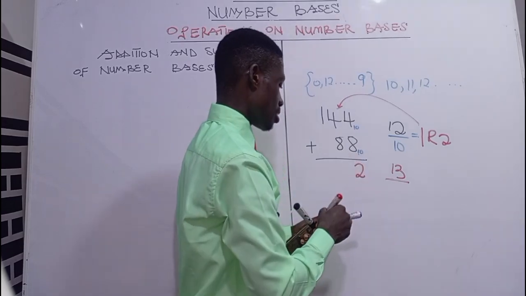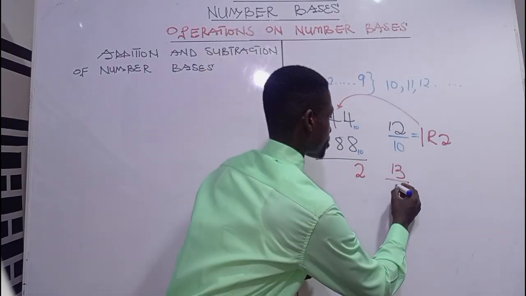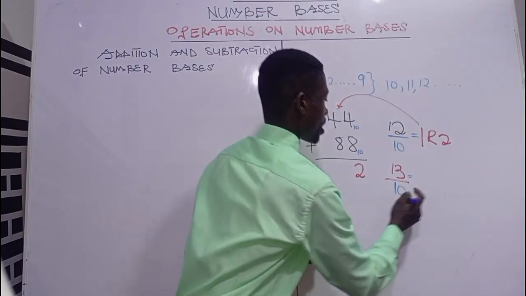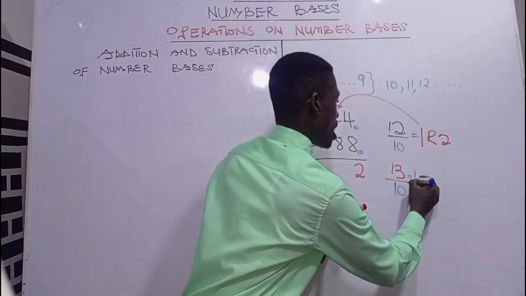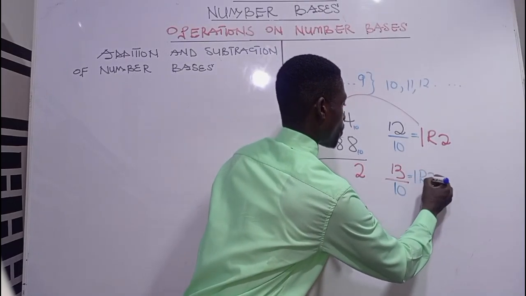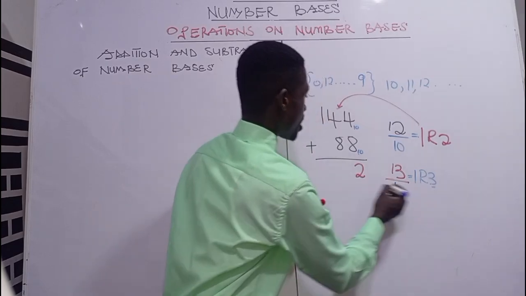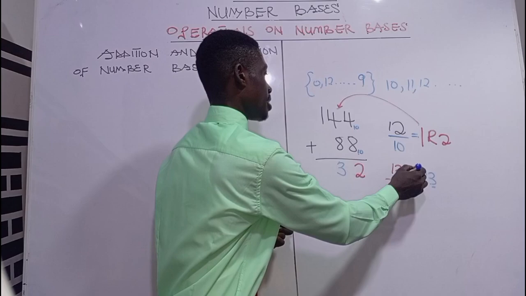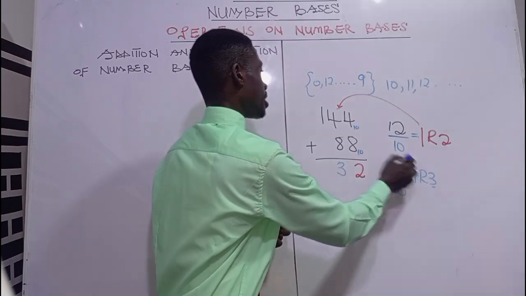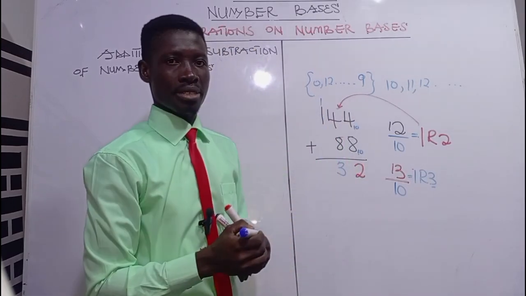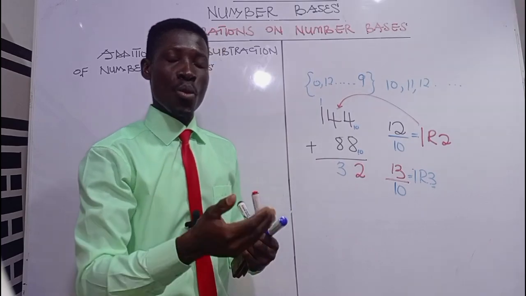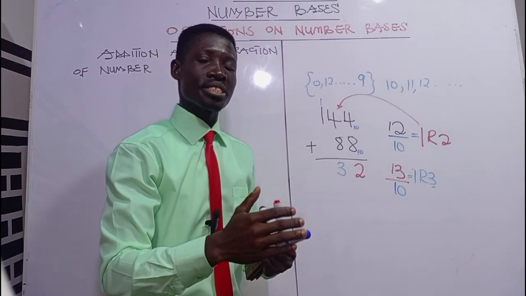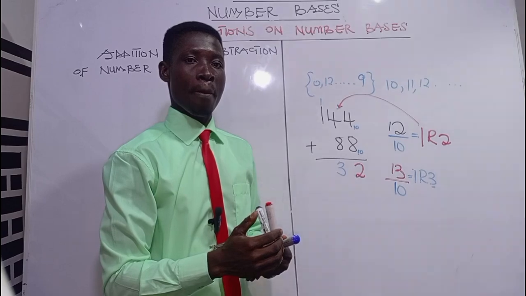So the base is base 10. And 10 into 13, we have 1 remainder 3. So it is this remainder that we write here. And then we carry the quotient to this number. That is how we do our normal addition and subtraction.